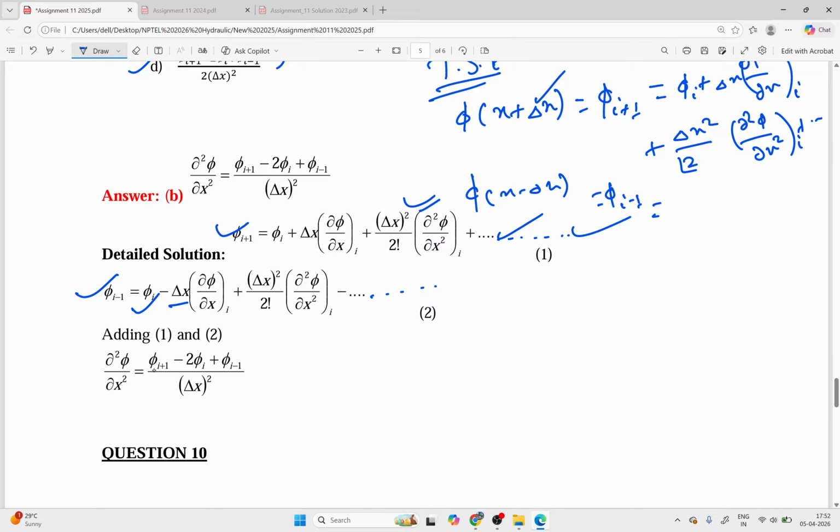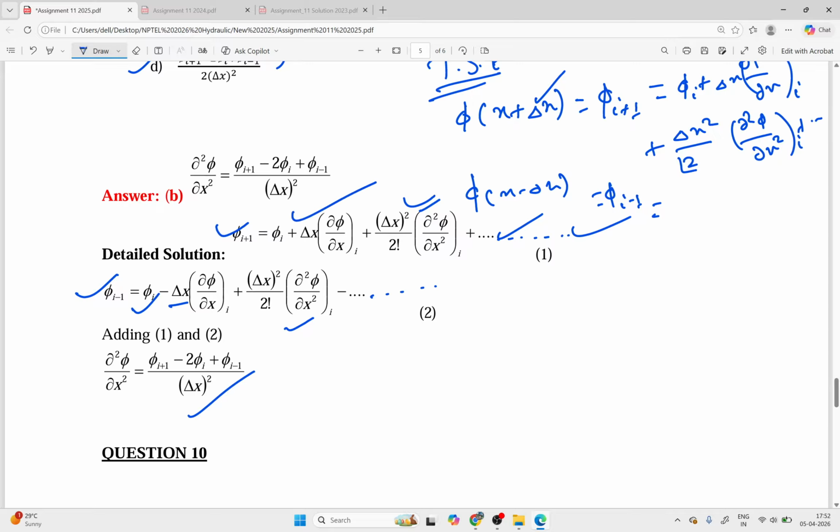When you add, you will get del square phi by del x square from phi i plus 1 minus 2 phi i plus phi i minus 1, over delta x square. So very simple. This is the discretization method, but you have to remember the expansion.